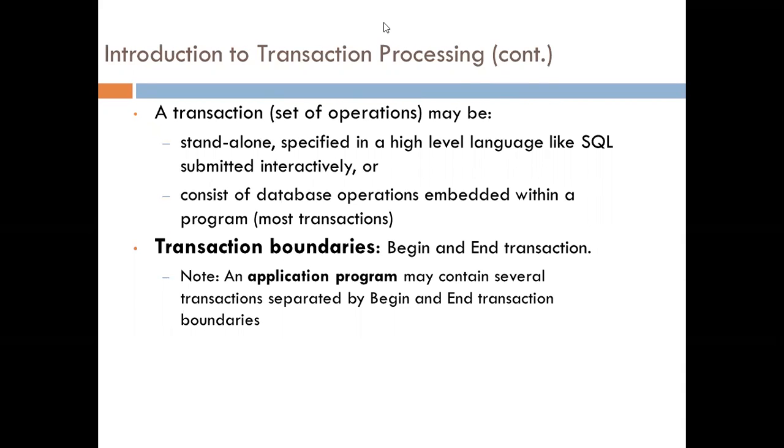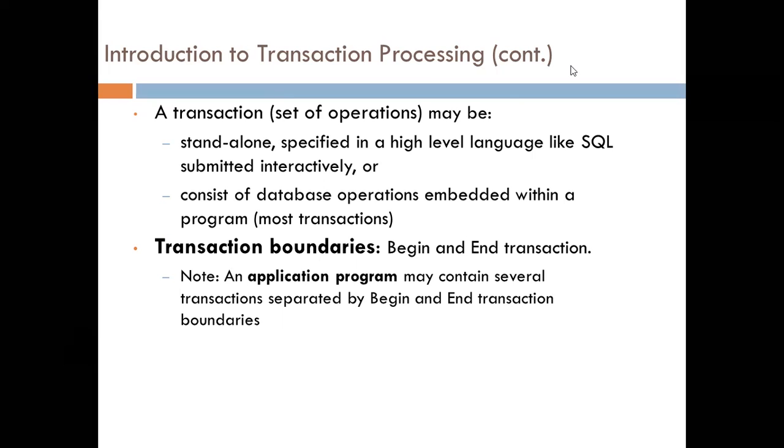A transaction is a set of operations which we can define as standalone, specified in a high level language like SQL, submitted interactively, and it contains database operations embedded within a program. So transactions can be executed individually or within a program. There will be transaction boundaries, and boundaries indicate the beginning and ending of a transaction.